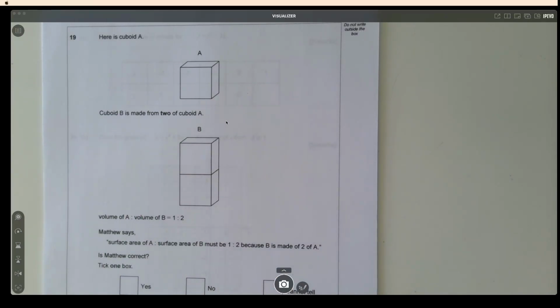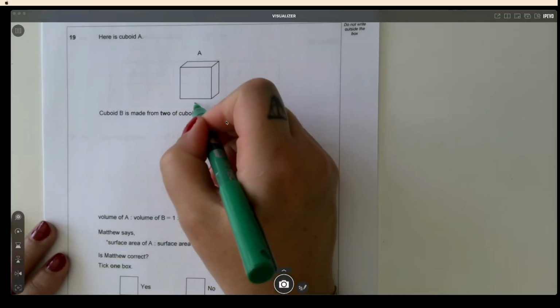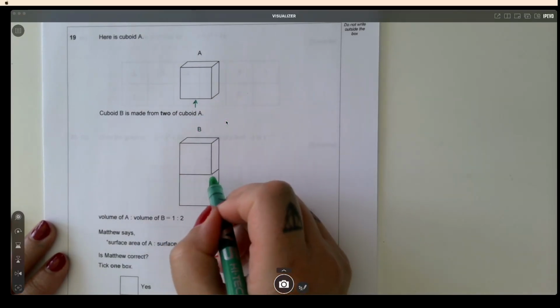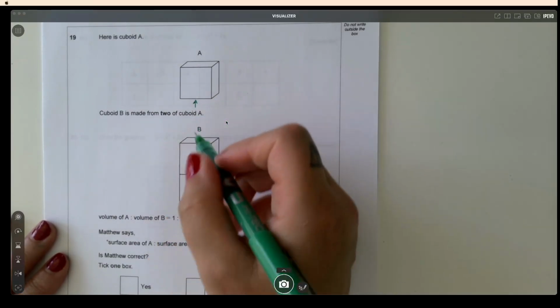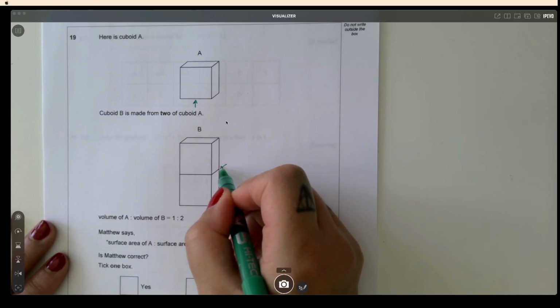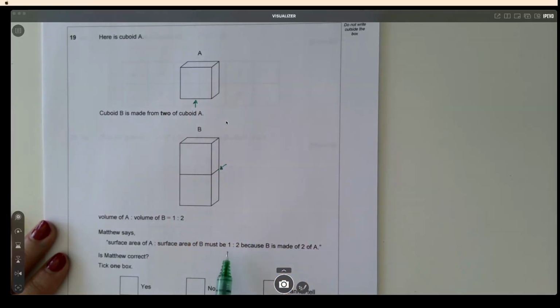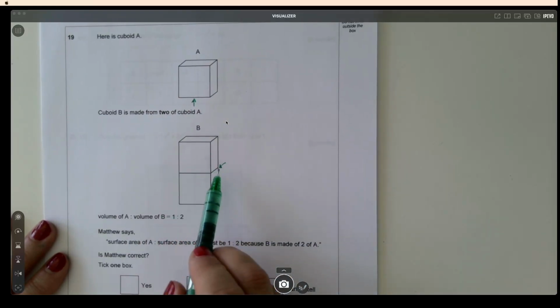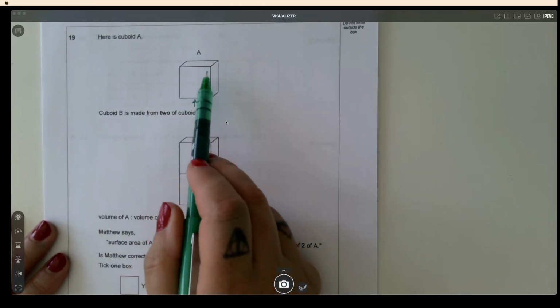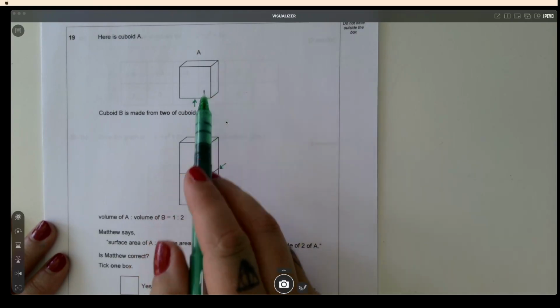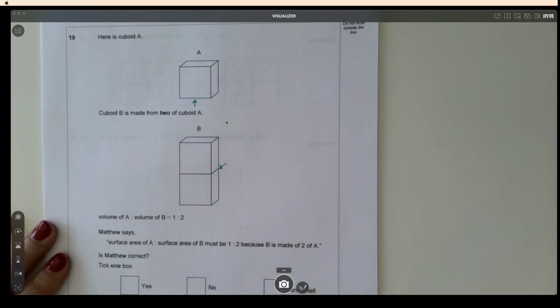Now, when we're looking at cuboid B, yes, it is 2 of cube A. However, this bottom face of A is hidden here, and what would be the top face of that second cube is also hidden. So the ratio can't be 1 to 2 because 2 of the faces are hidden. So 2 of the faces from this cube and the other one added to it are not included in that surface area anymore.